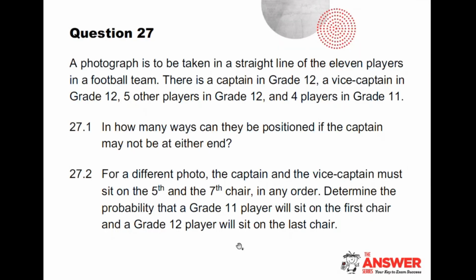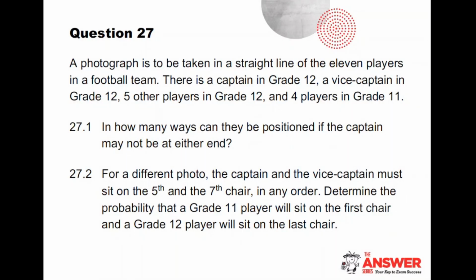Okay. Question 27. A photograph is to be taken in a straight line of the 11 players in a football team. There's a captain in grade 12, a vice captain in grade 12, 5 other players in grade 12, and 4 players in grade 11.